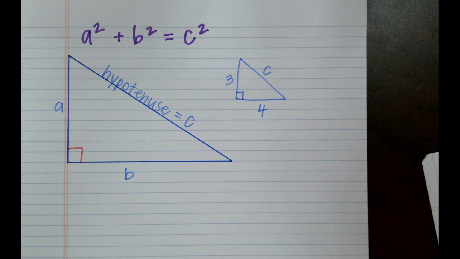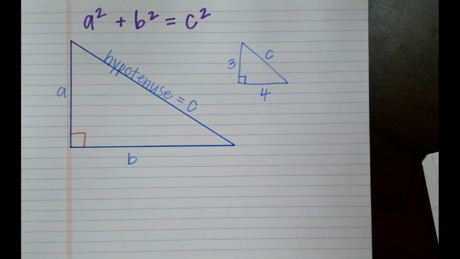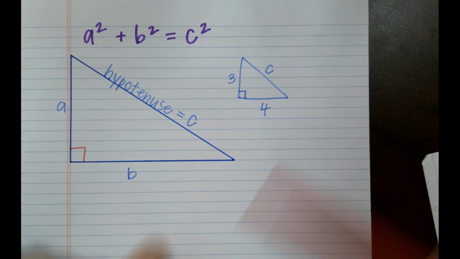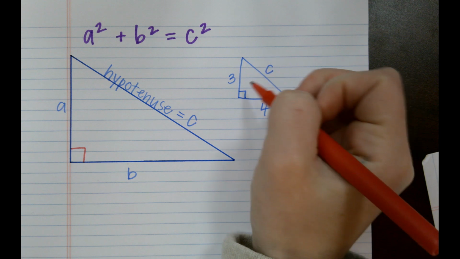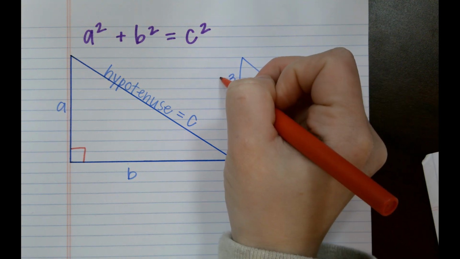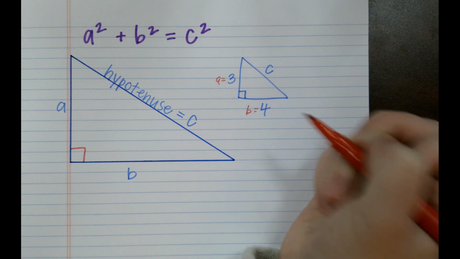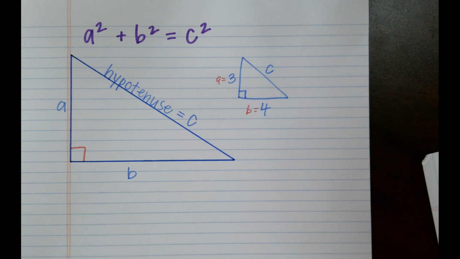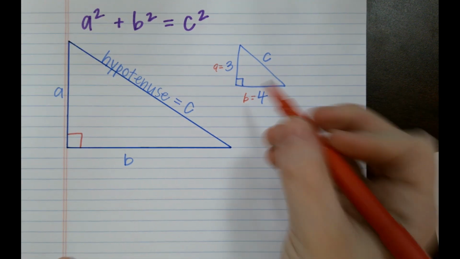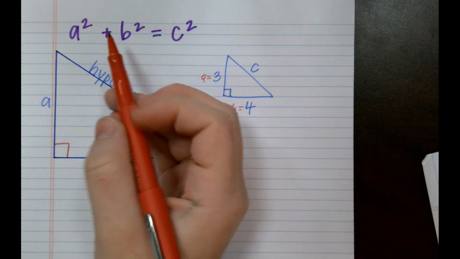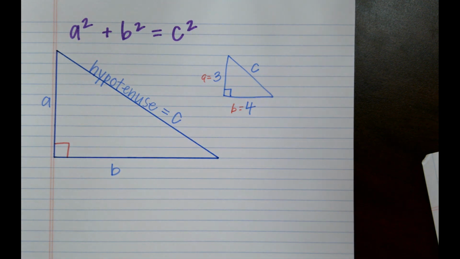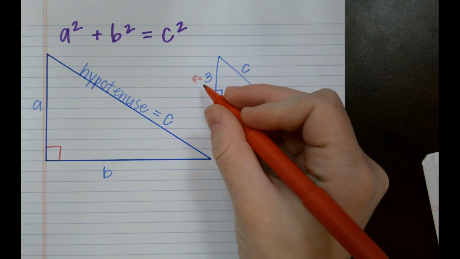All right. So here's how we're going to set this up. Remember that our A, we'll call that 3, our B, that's 4, and C we don't know. So let's plug that into the Pythagorean theorem. A squared plus B squared equals C squared.